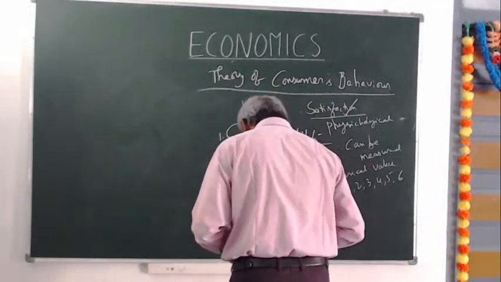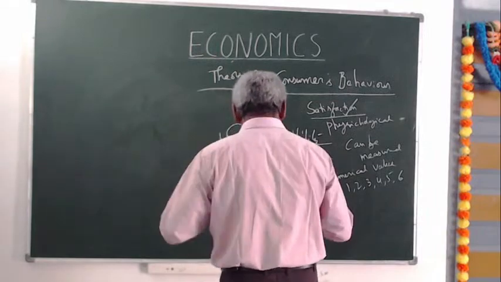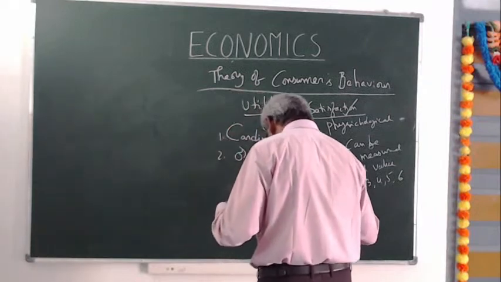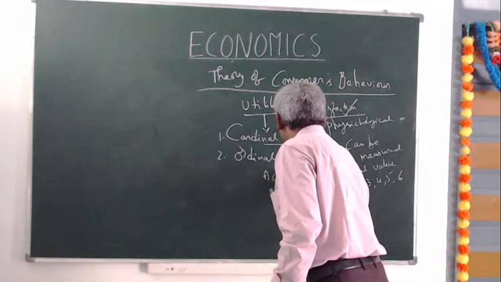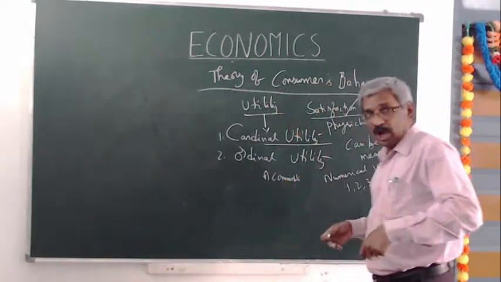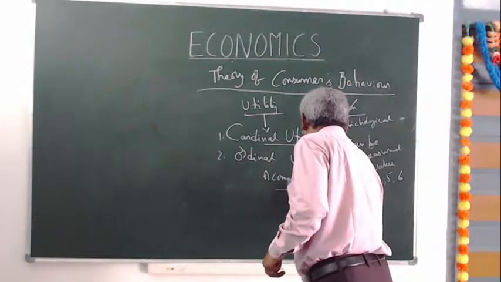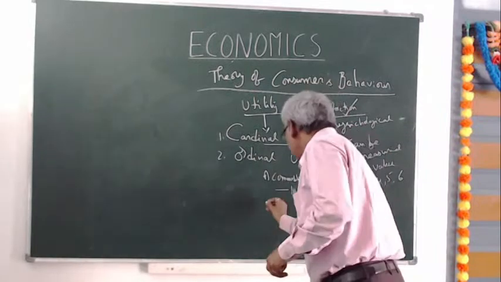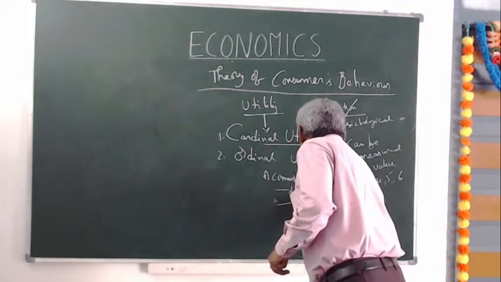Suppose, for example, a person consumes a commodity A and gets one utility. The same person consumes another commodity and gets two utilities.